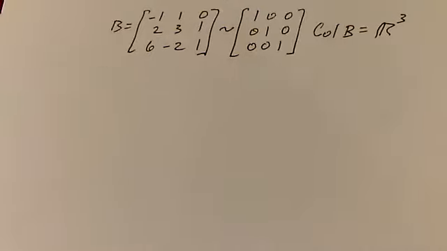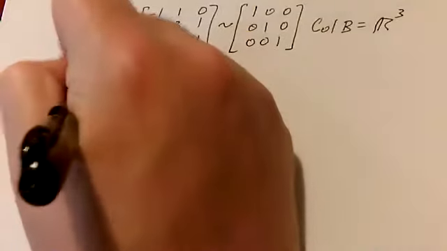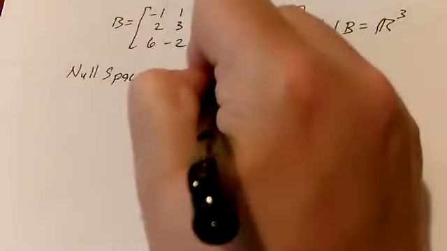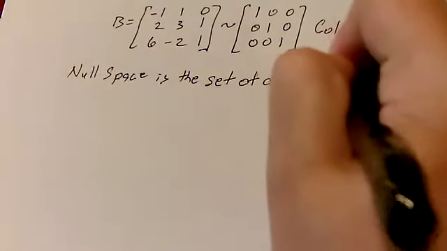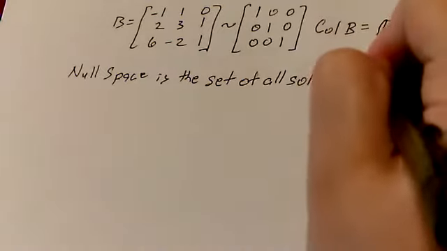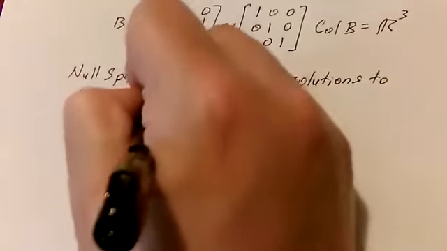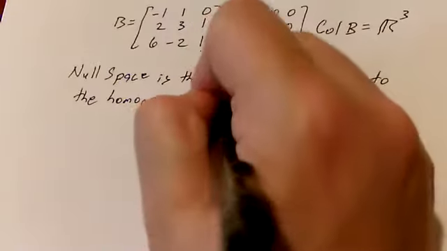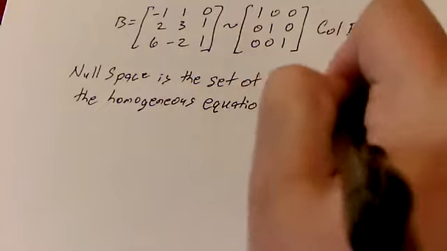Now, I said there were 2 special subspaces we were going to look at. The second is called the null space. The null space is the set of all solutions to the homogeneous equation AX equals 0.